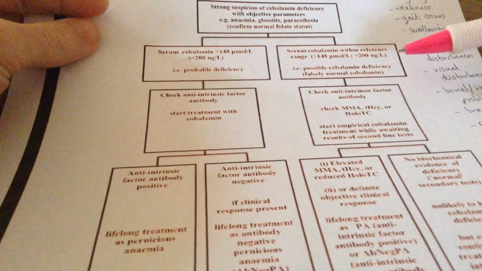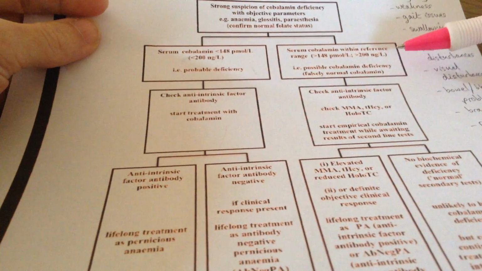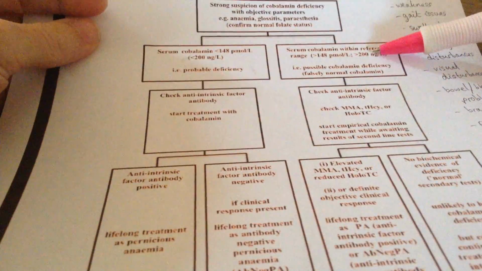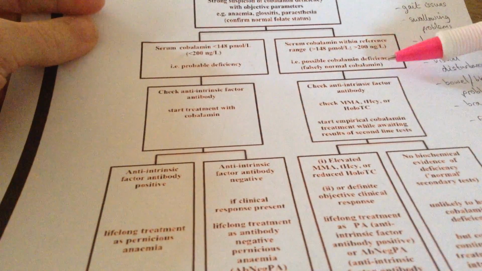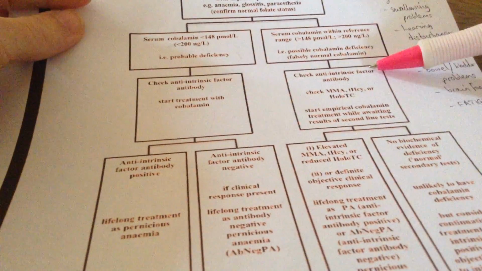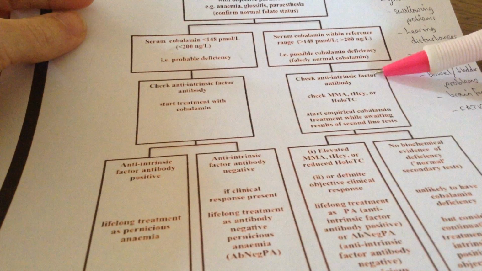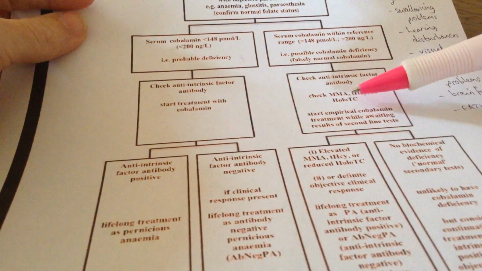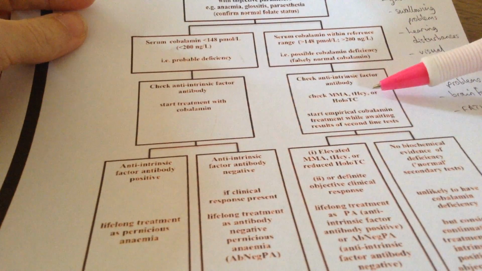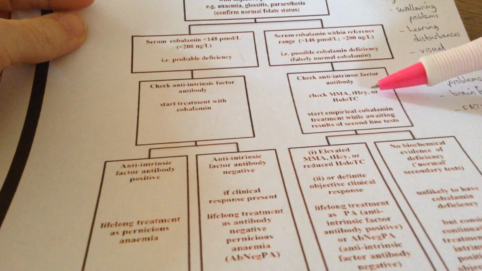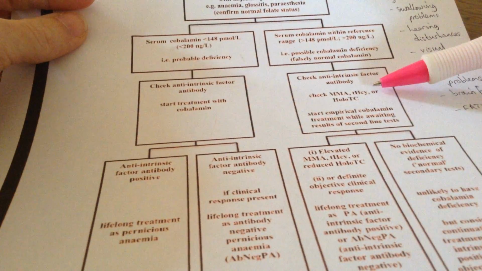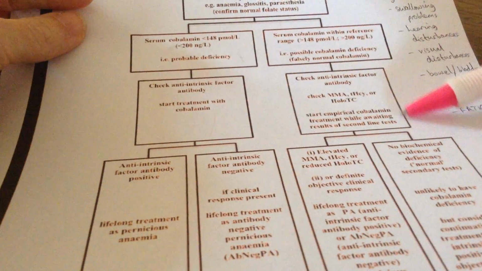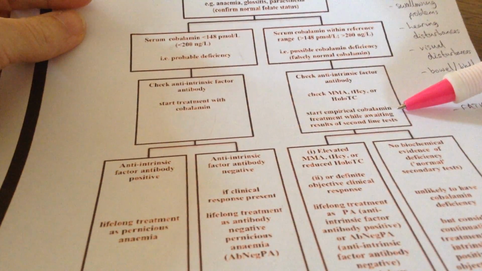But here, the BCSH recognises functional deficiency, which is the transcobalamin problem. And they say here the level can be over 200. And this is what they recommend to do. Check intrinsic factor, which will be normal, but also check MMA and active B12 and homocysteine. These are tests that all show that your tissues are deficient. So those are the tests you need. It also says here, and this is very important, start empirical treatment.